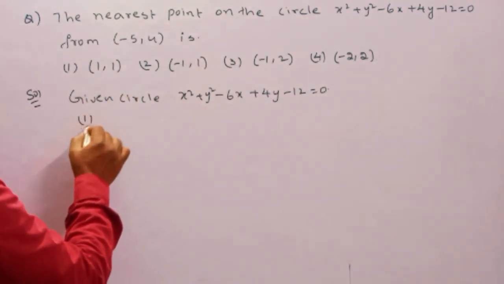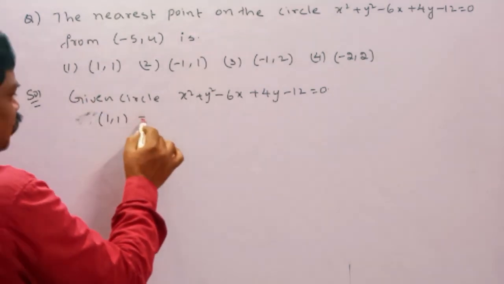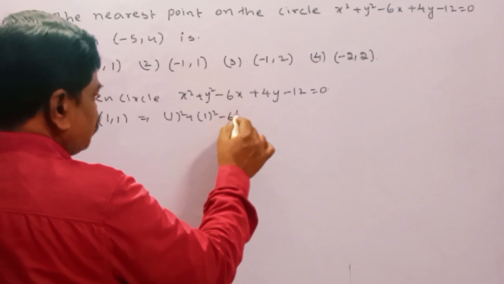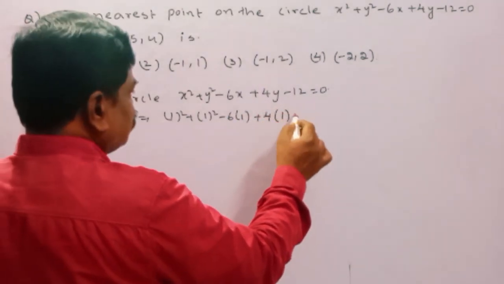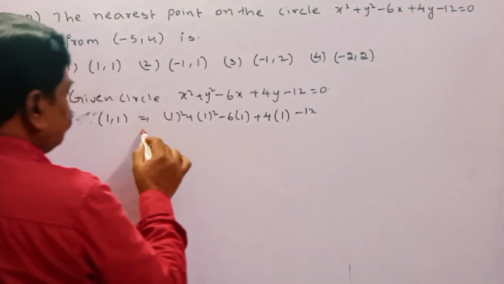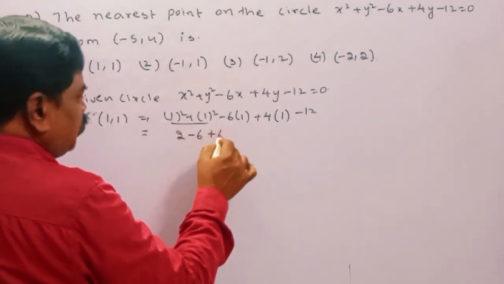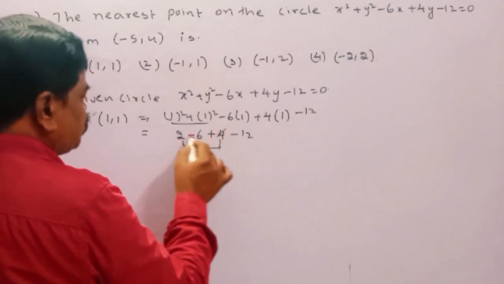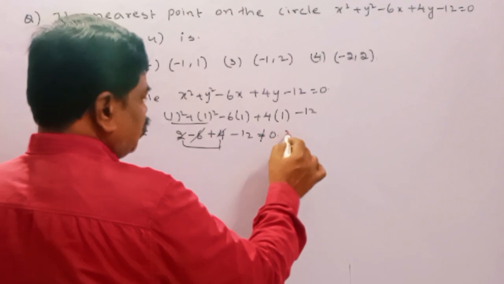You verify the point (1, 1): 1² + 1² − 6(1) + 4(1) − 12 = 2 − 6 + 4 − 12 = −12, which is not equal to 0.